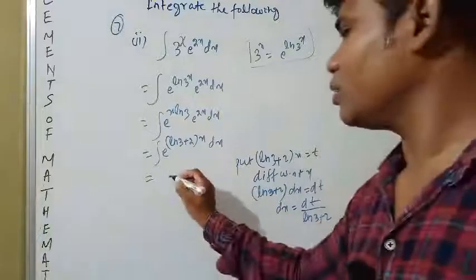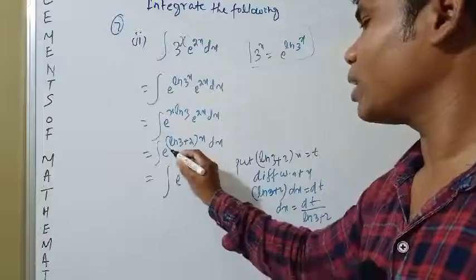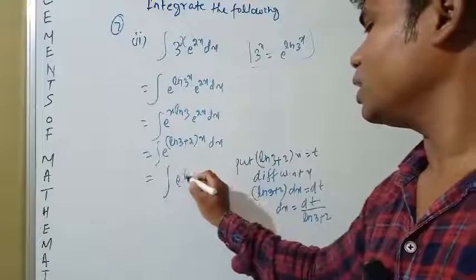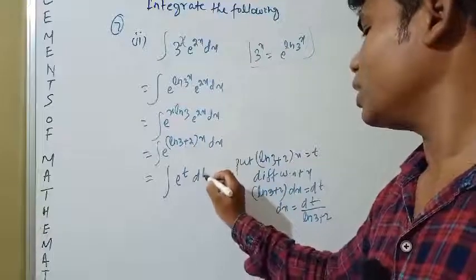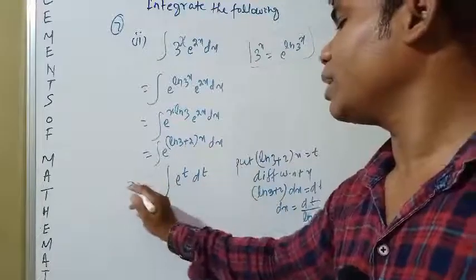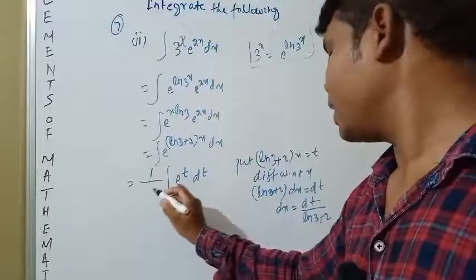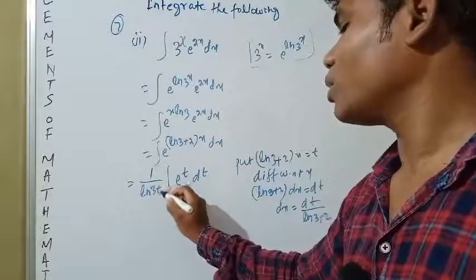Okay, is equal to integration of e to the power t, dx is equal to dt by ln 3 plus 2.